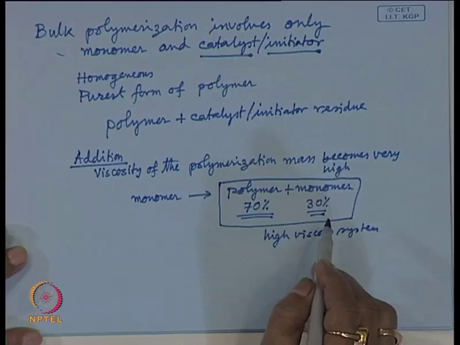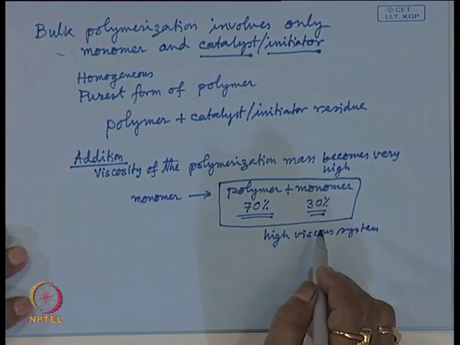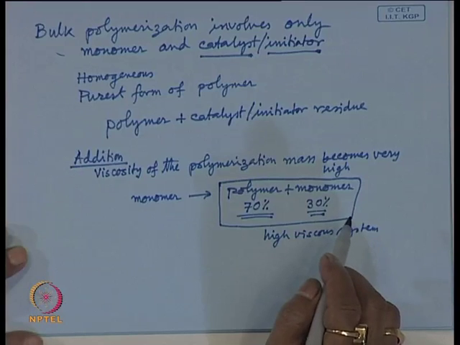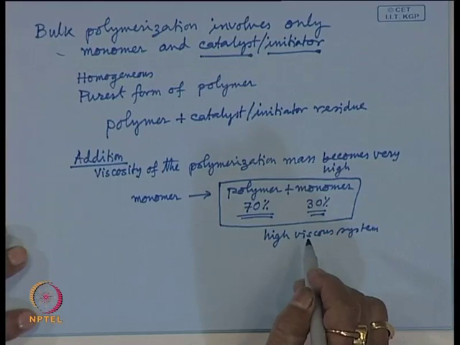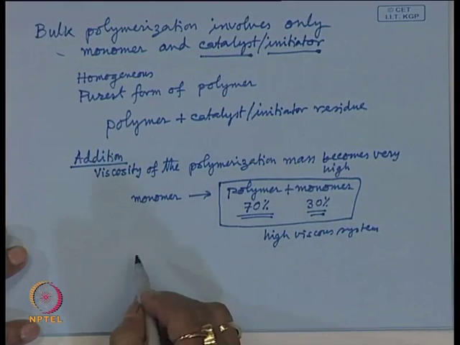With this high viscosity, it becomes very difficult to control the temperature of polymerization, because if the heat transfer system is not that efficient, there may be some hot spot generation.